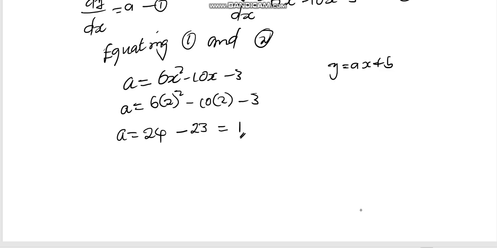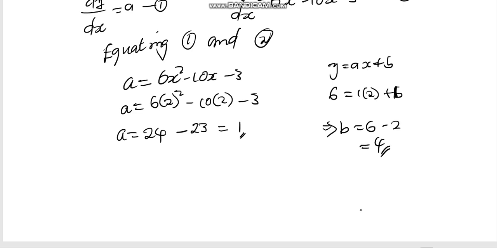Where there's x we put 2, where there's y we put 6, and where there's a we substitute 1. So 6 is equal to 1 multiplied by 2 plus b. Therefore b is equal to 6 minus 2, which is equal to 4.